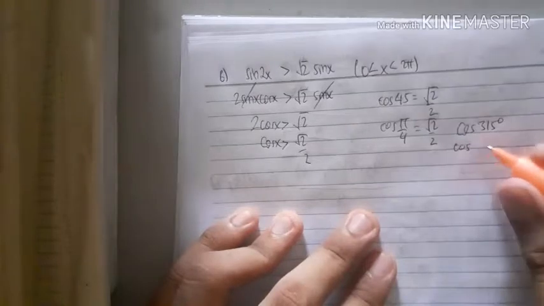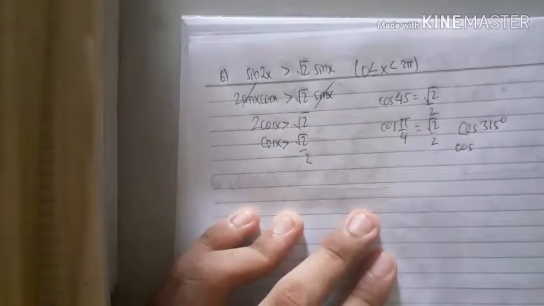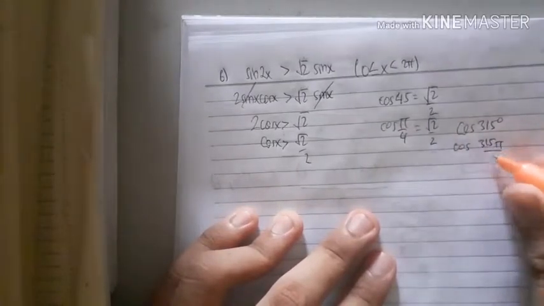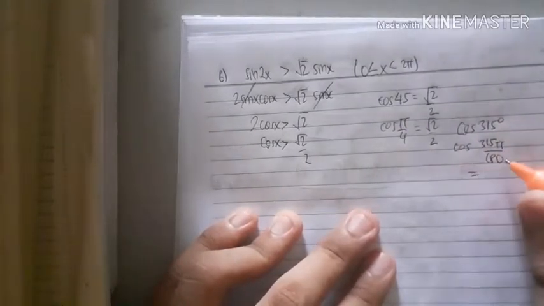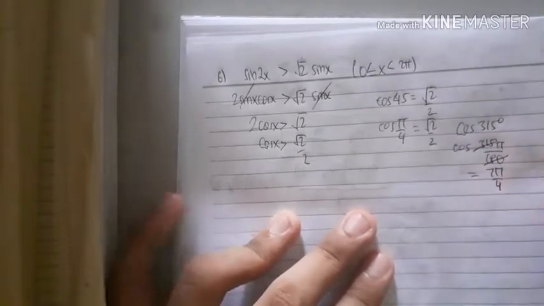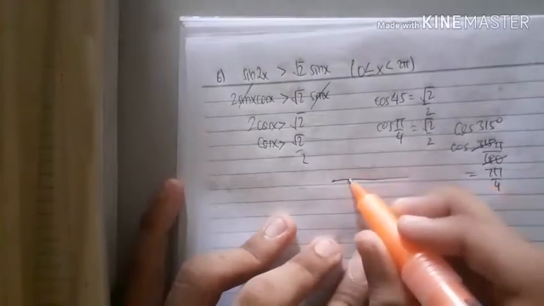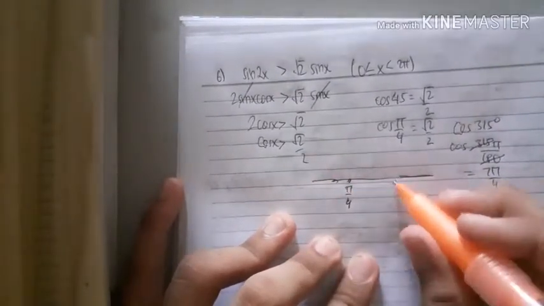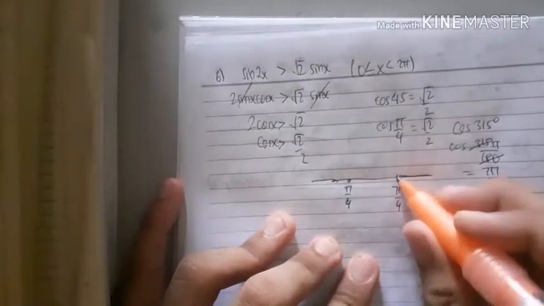So that is also equal to, in radians, you can just calculate it with 315 pi over 180. Okay, and you divide it by 45, so it is 7 pi over 4. So there are the values pi over 4 and 7 pi over 4.